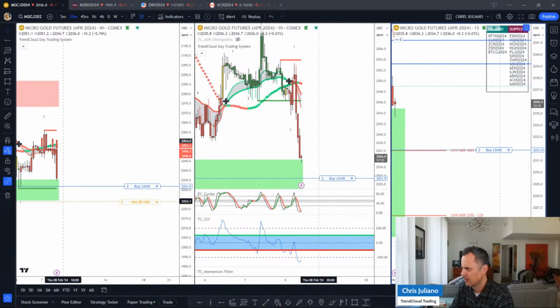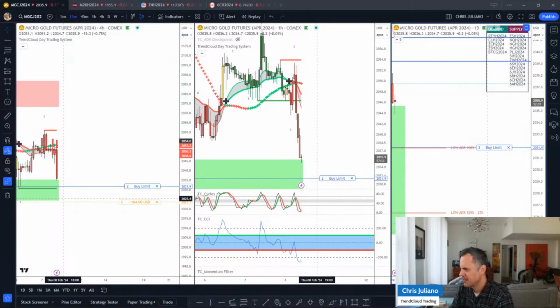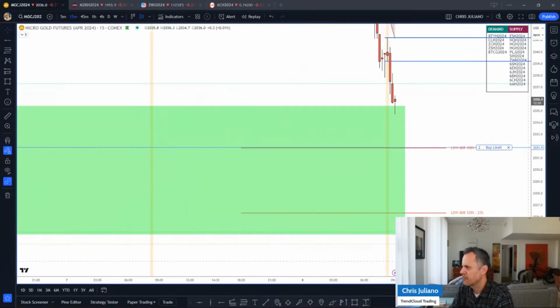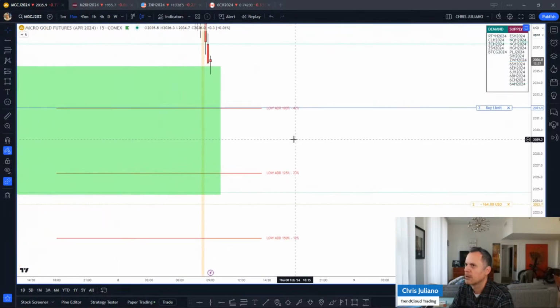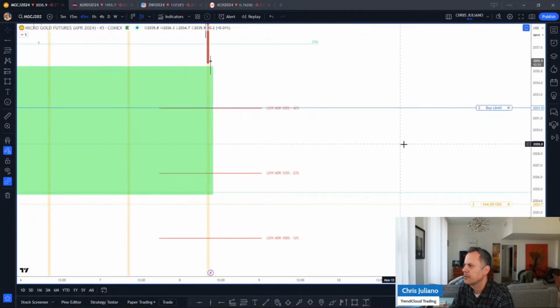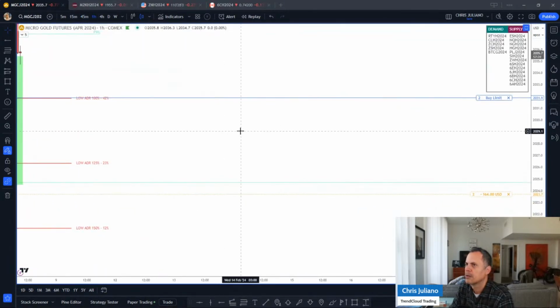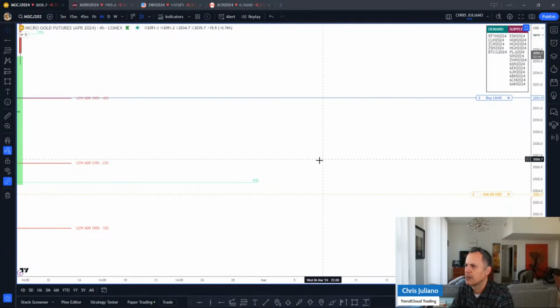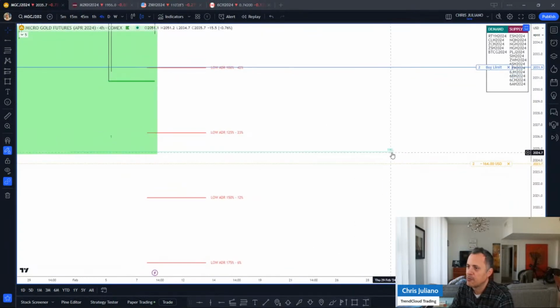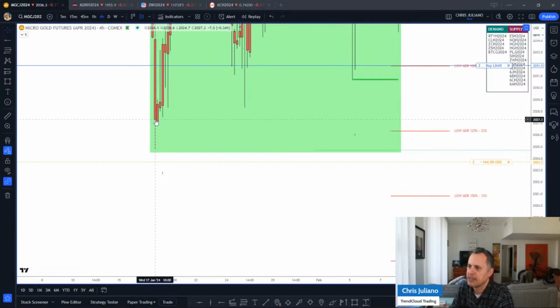The previous day's high, I believe. Let me see here. Let's go out to the 4-hour. Oh, wow, no, that must be a monthly, the previous month's low. Okay, so previous month's low all the way down here. My stop loss is here, below the wick of the very last drop base rally.